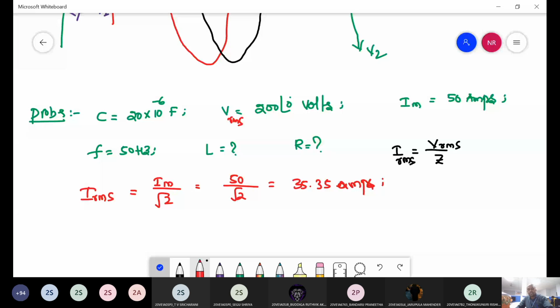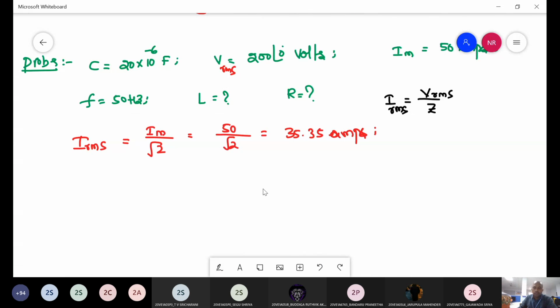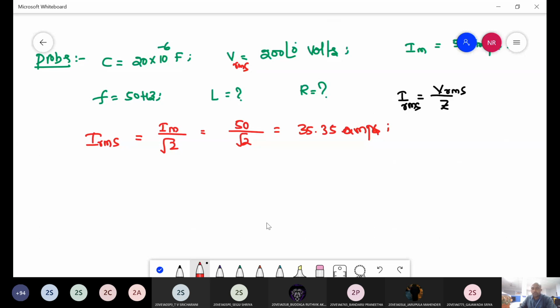Now step by step. IRMS we calculated just now, right? Then we know VRMS.